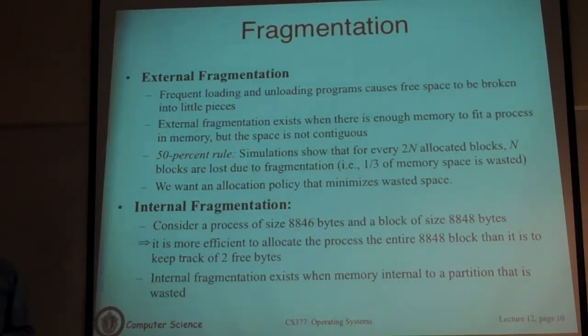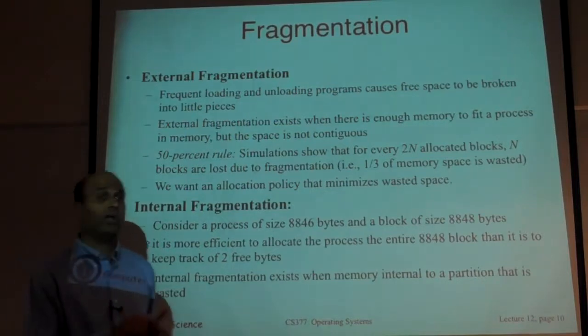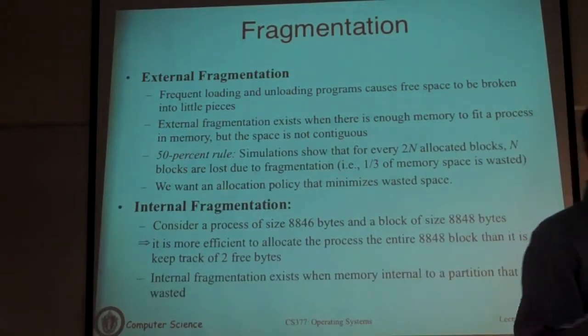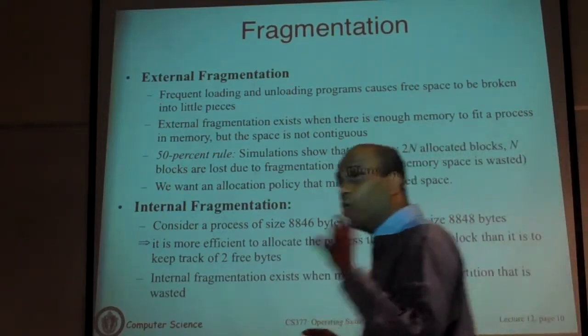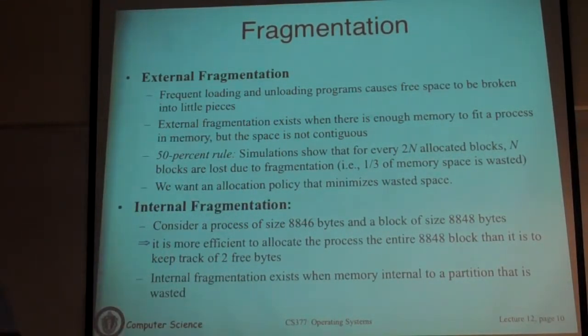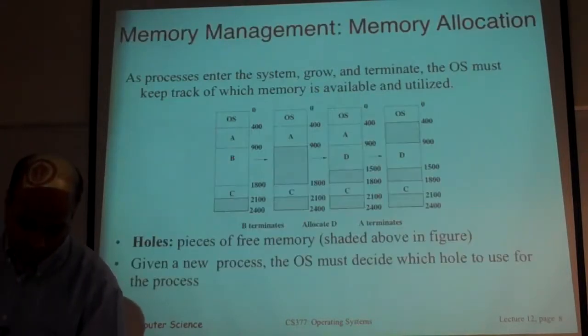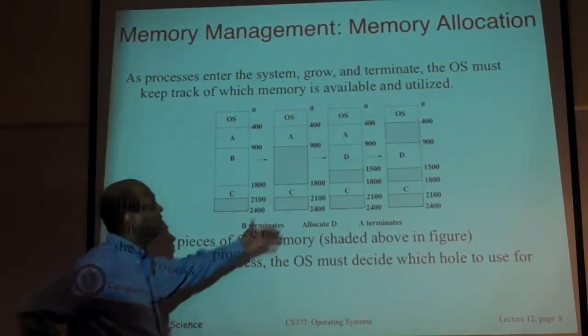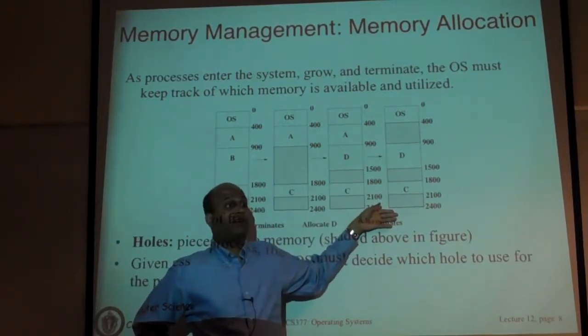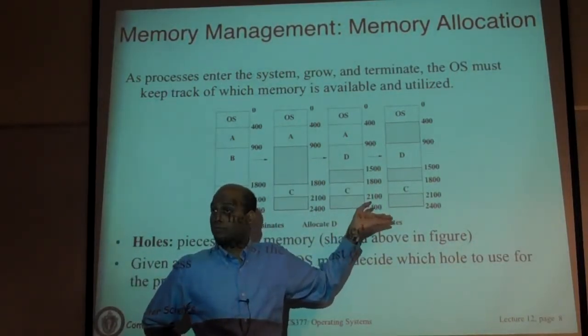External fragmentation is said to exist when there is sufficient free RAM, but there's no hole that is large enough to accommodate that process. That was the question that was just asked. In this case, you have 500 plus 300 plus 300, 1100 words of free space.